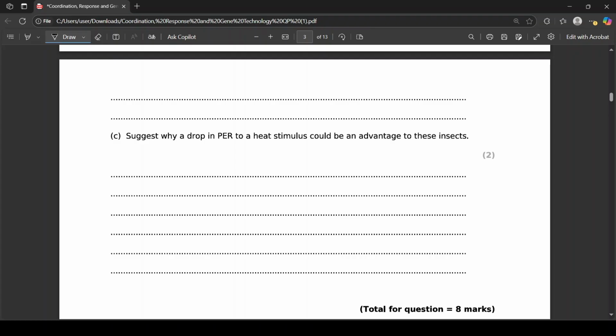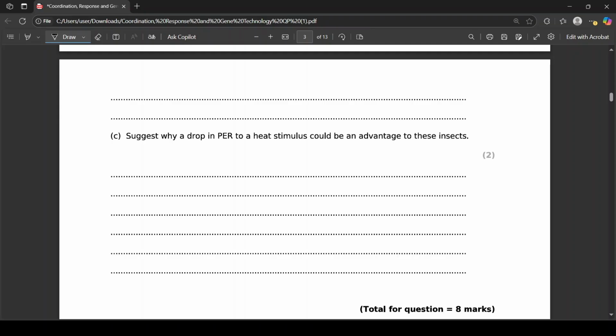Now, after they react to the change in the environment, in this case the heat stimulus, they will not continuously react. At some point these insects are going to stop reacting to that change because they simply become habituated. It becomes a habit for them. This is not causing them any harm.